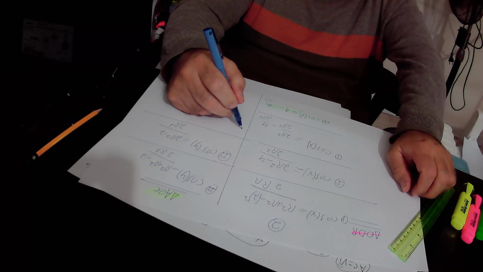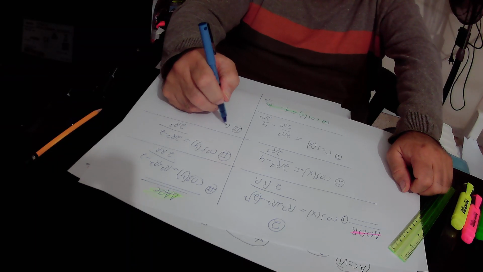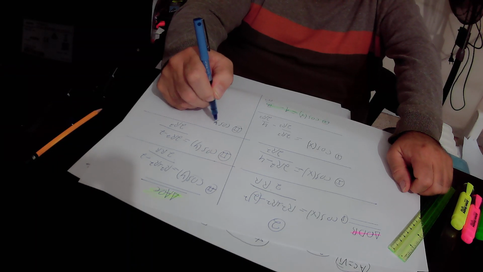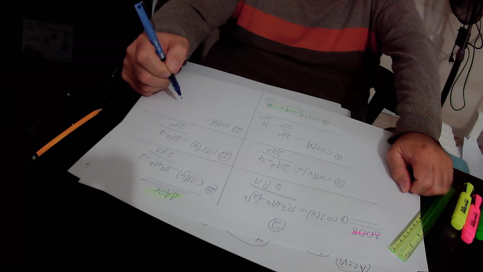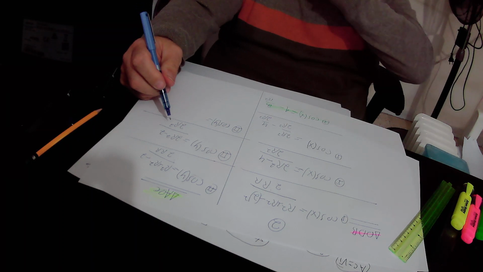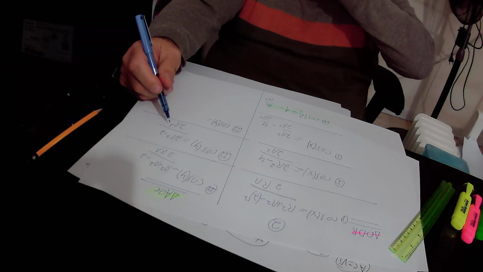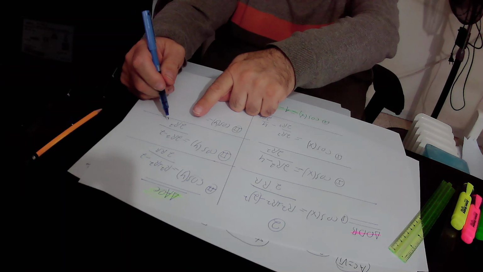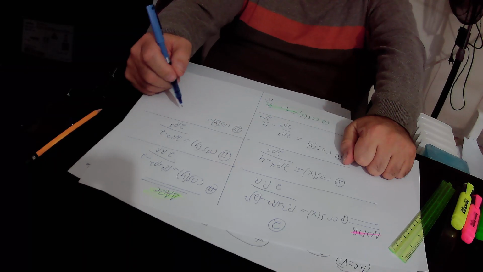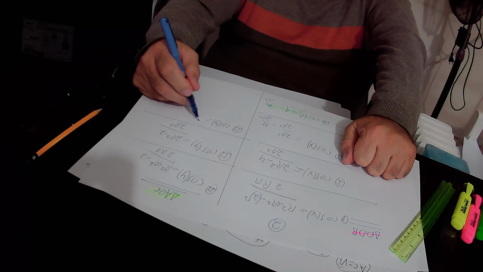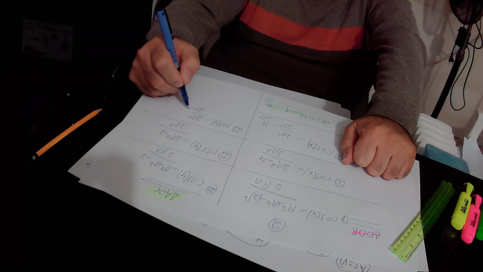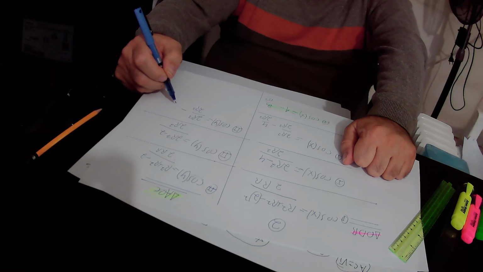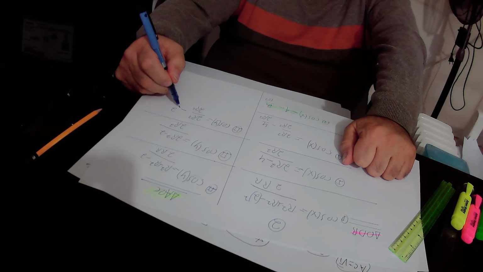So cosine y equals, we split this expression into two expressions, so it is 2r squared over 2r squared minus 2 over 2r squared.